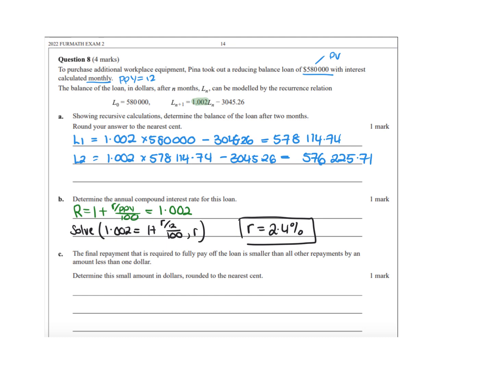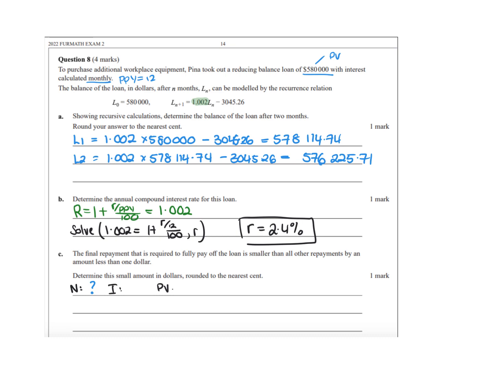But if I write out all the titles here, what we know is, it says how long will it take. Now we haven't been told how long this loan's going to go for. So that's the first thing I'm going to have to do. I'm going to have to find out how long it takes to pay this loan off.